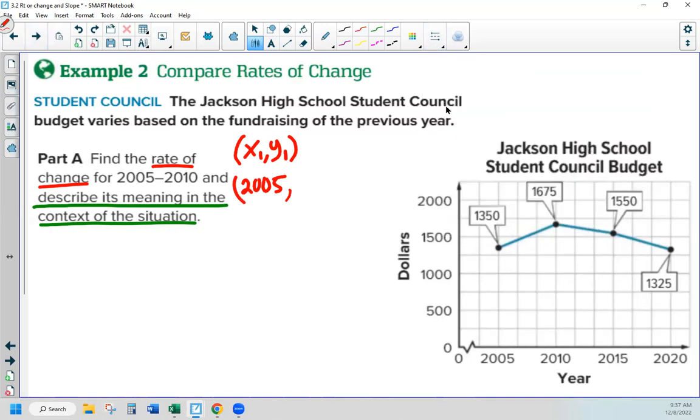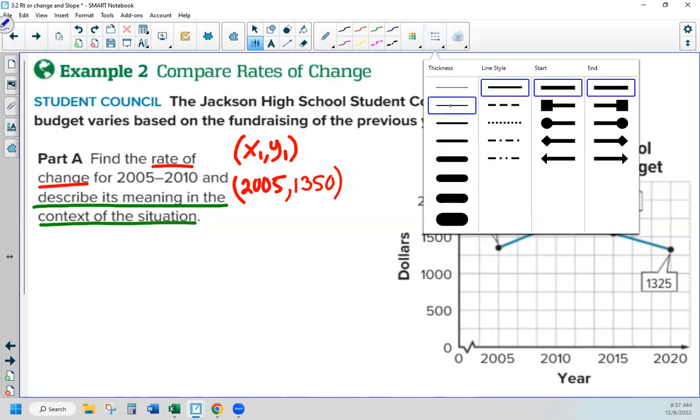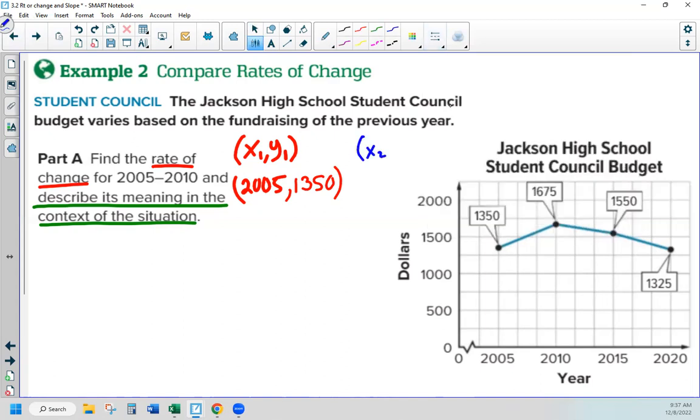So, okay, the Y value of 1350. So I'm able to fit more. Okay, and then my X2, Y2 would be 2010 with a Y value of 1675. Okay, I'm gonna make sure I don't make a mistake in this one.